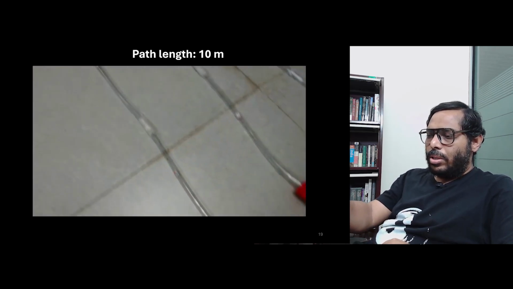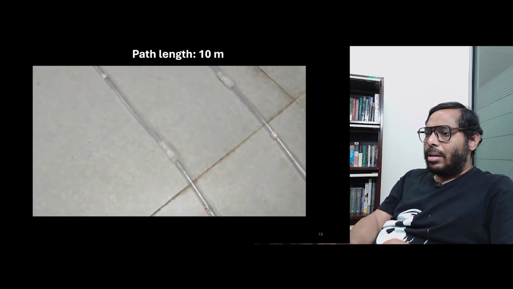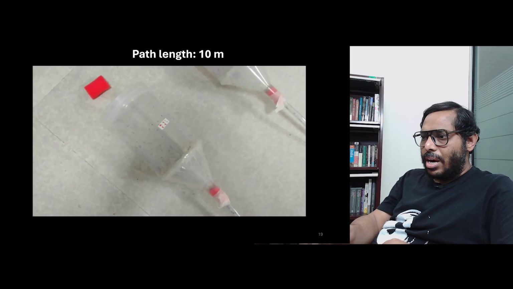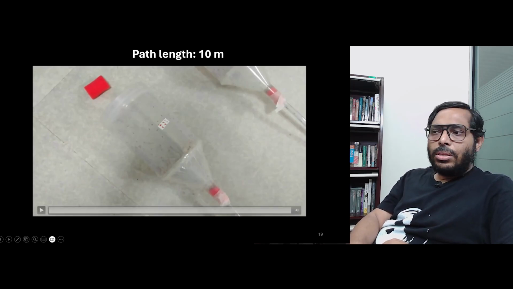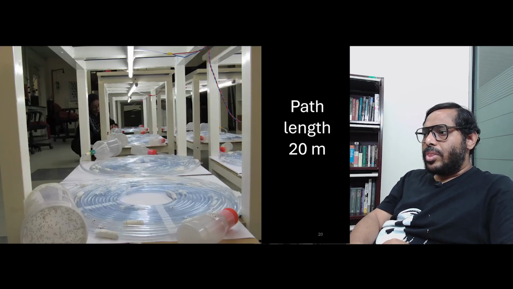These things you are seeing are the destinations, and here is a close up of the sources from which the flies start to migrate. This was a path length of 10 meters, and after some time we had to increase the path length even further.